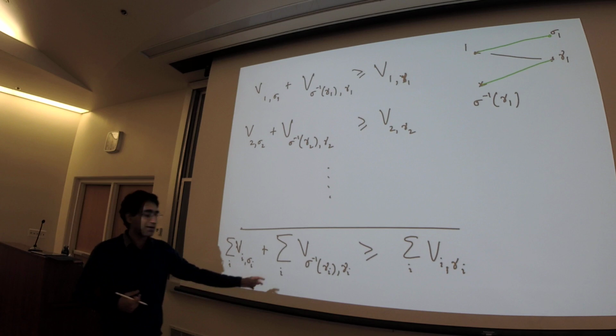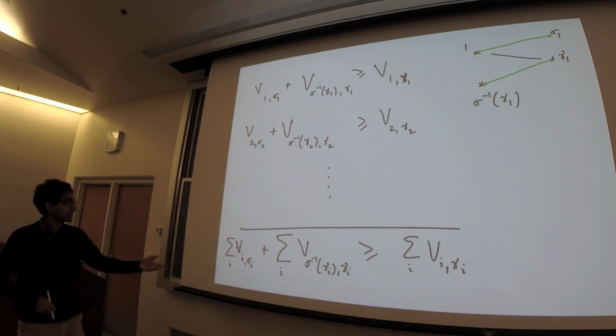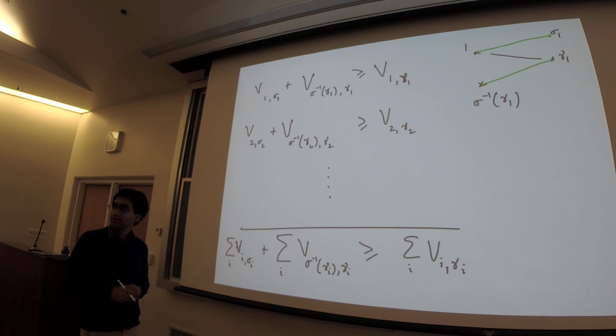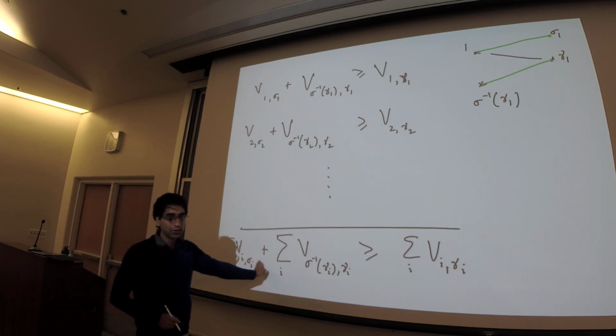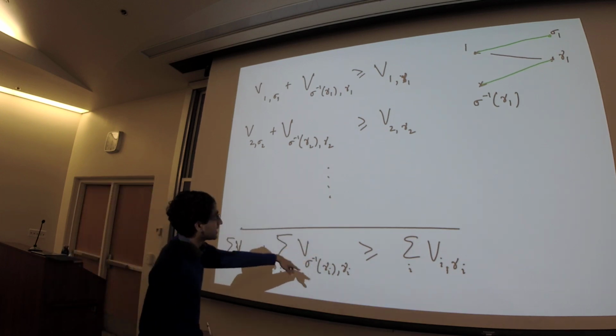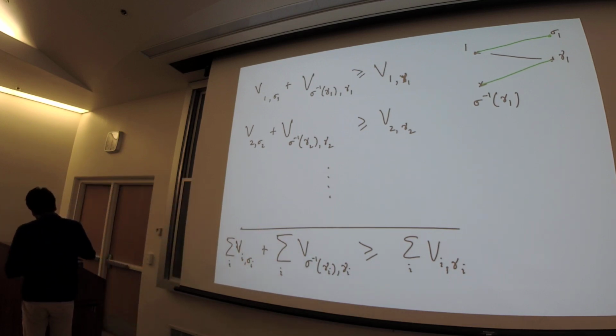But what is the second sum? Can you reason about it? Actually, this is exactly the same as the first sum. Pictorially, the second sum is saying I look at gamma 1 and I add the weight of the green edge going out of gamma 1.